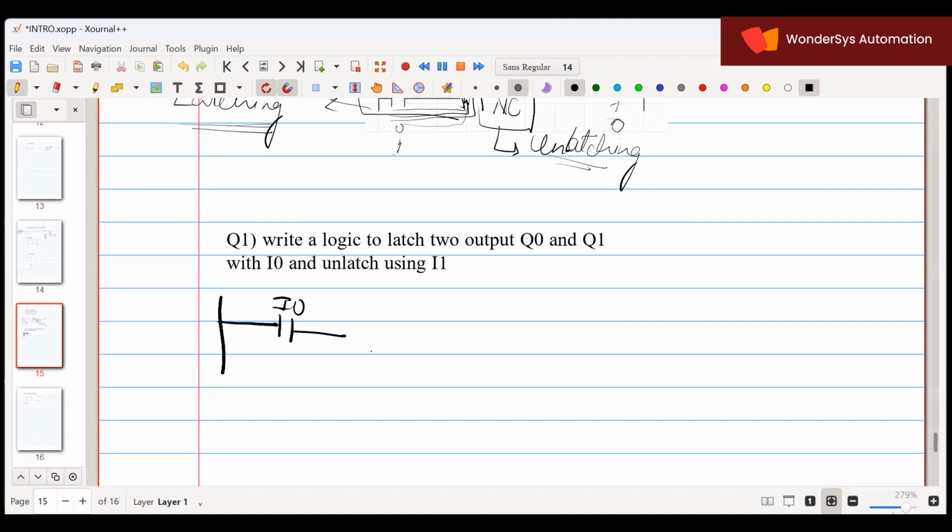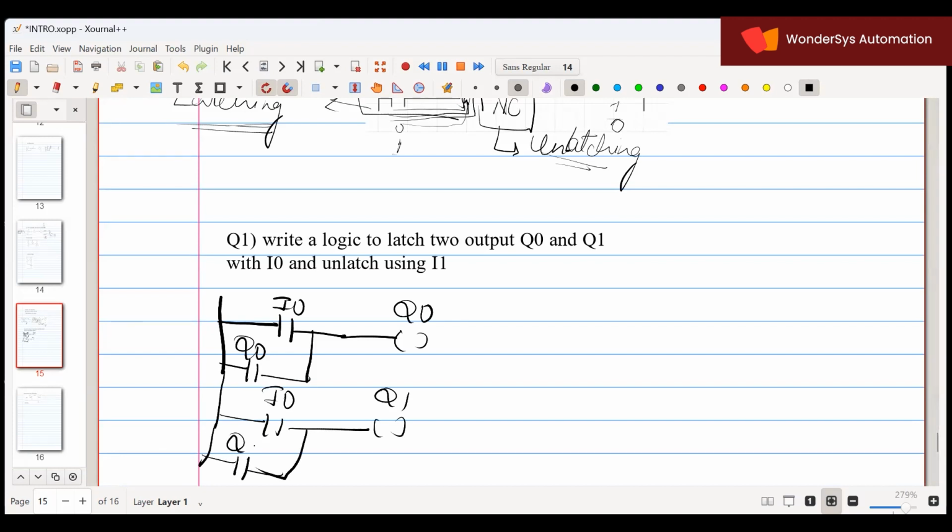This is I0, Q0. So I am latching. Now I can use the same switch for Q1.